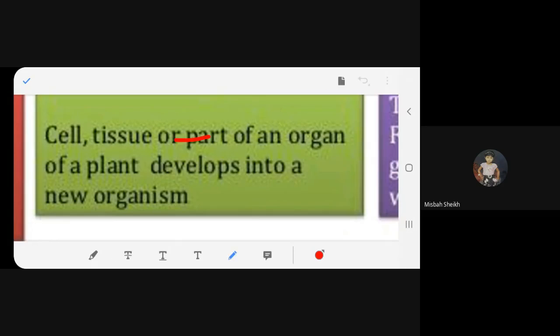If I cut a root and grow it in soil, I will get a new plant. If I take a leaf and put it in soil, I will get a new plant. So this is called vegetative propagation. Any vegetative part of a plant, not flowers, can give rise to a new plant. Understood?